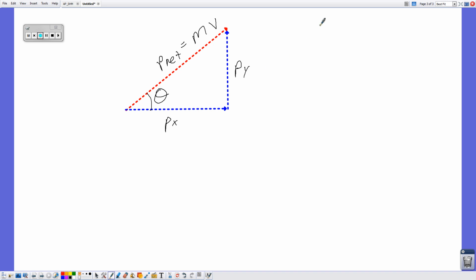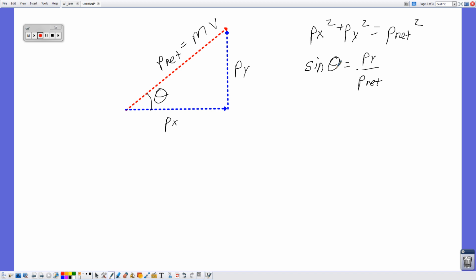Triangle stuff. First thing you need to know is the Pythagorean theorem: a squared plus b squared is going to equal c squared. Now, other things. We know that sine theta is equal to the opposite over the hypotenuse.